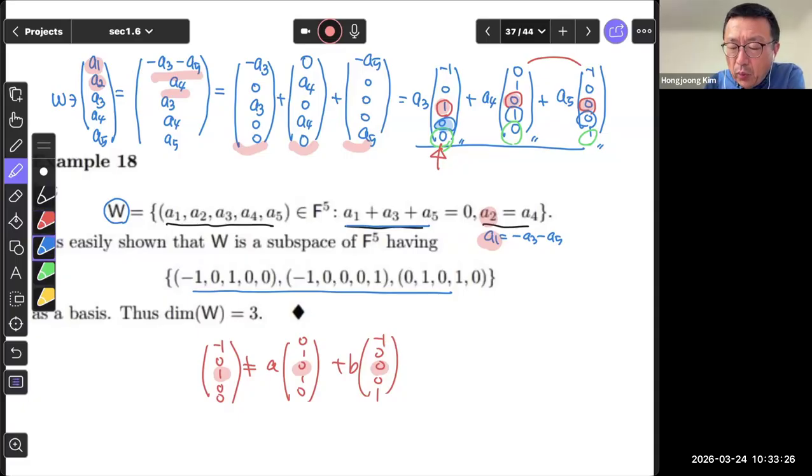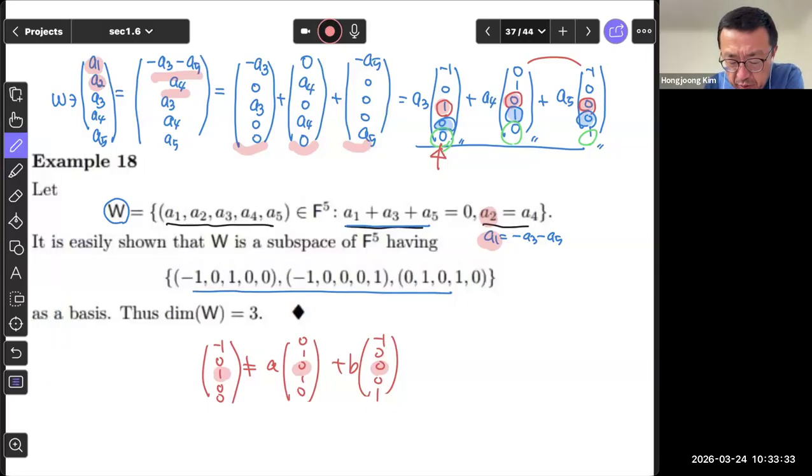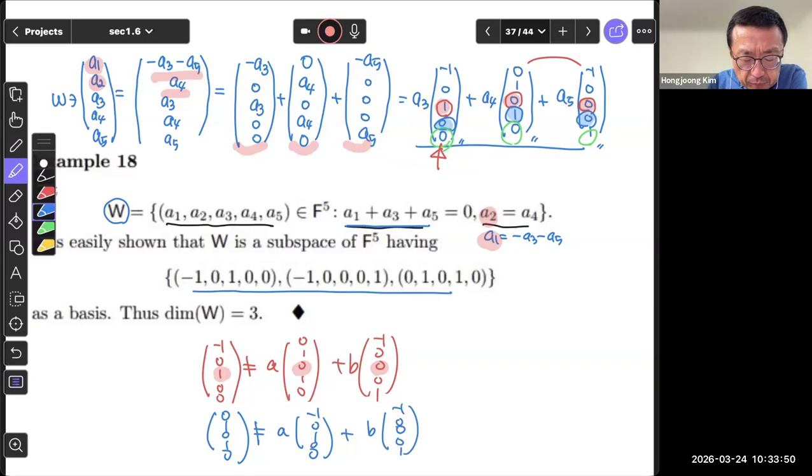In a similar way, when I look at the fourth entries, the second vector 0 1 0 1 0 cannot be written as a linear combination of the first vector and the third one, because the fourth entry on the left is 1, while the other two have 0 in the fourth place.